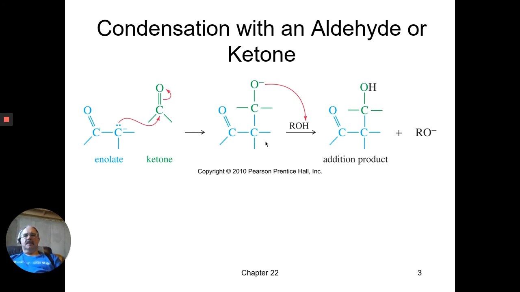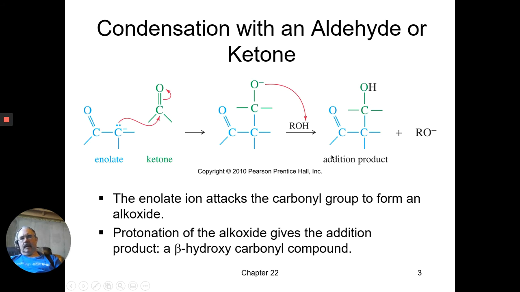Okay, so here is an example of the condensation of an enolate with a ketone. We form the enolate, and this nucleophile then attacks the carbonyl carbon, and the oxygen, which gained a pair of electrons and became negative, then picks up a proton, and we get our addition product.